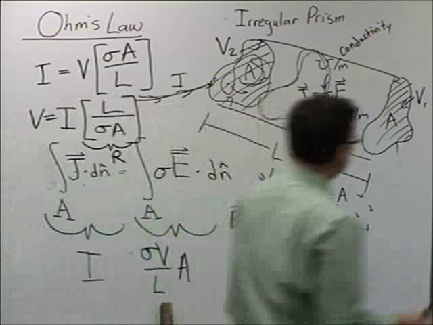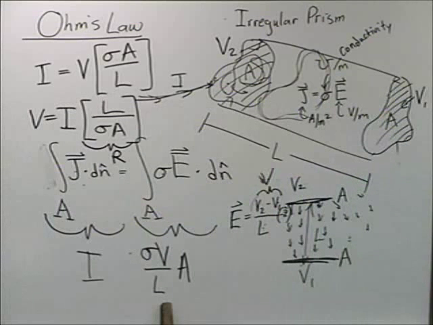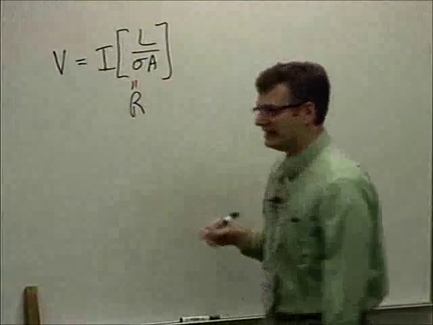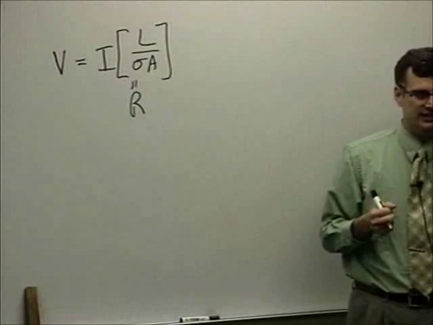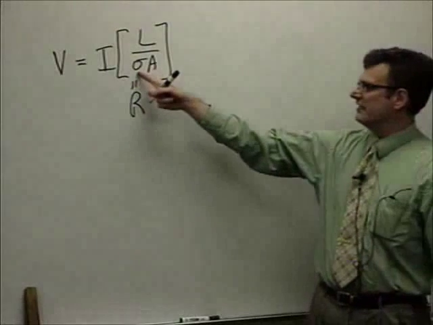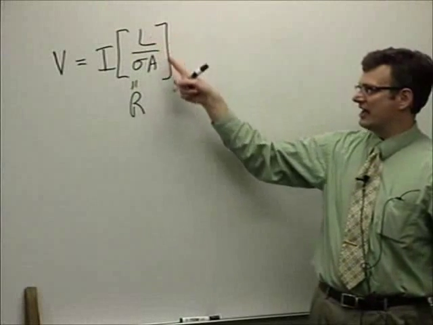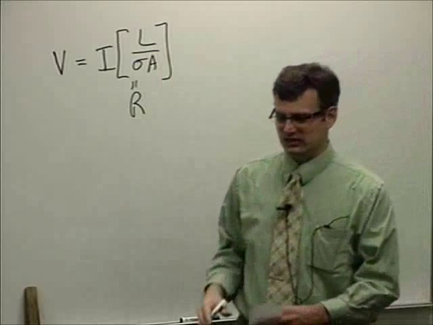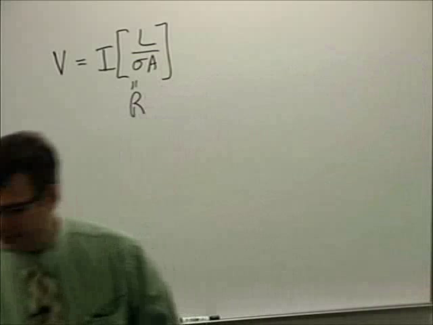Now, that's interesting. Not only do we get Ohm's law, but we actually get a bonus when we do this. We get an expression for calculating resistance, relating it to the fundamental quantities of conductivity, the length of the channel, and the cross-sectional area. And it makes a lot of intuitive sense, right? Why is sigma on the bottom?